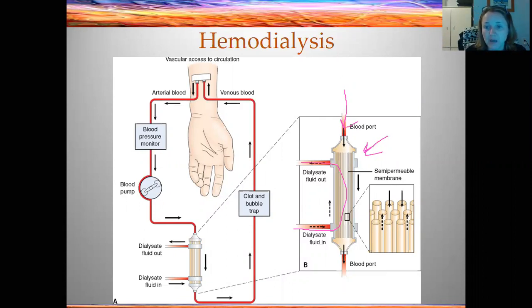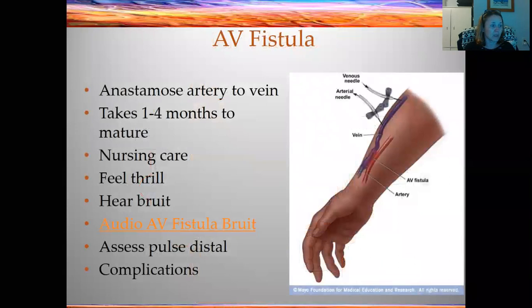So let's talk about access devices. One access device that we'll have is going to be an AV fistula. This is typically the preferred access for long-term dialysis patients. It is created surgically. It's usually in the forearm, but you may also see it in the upper arm or other areas, though they'll typically start in the forearm.